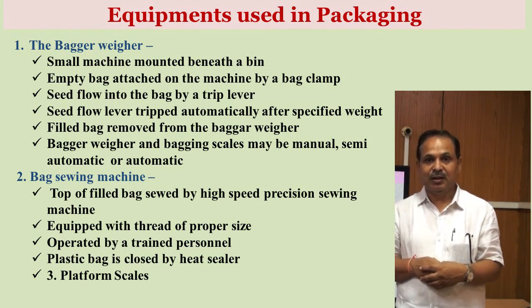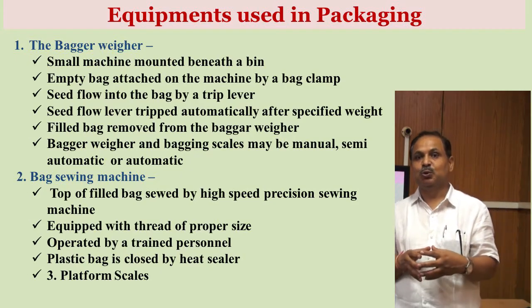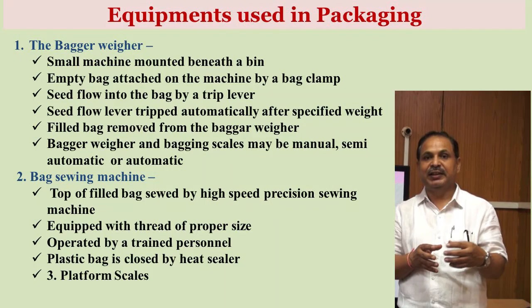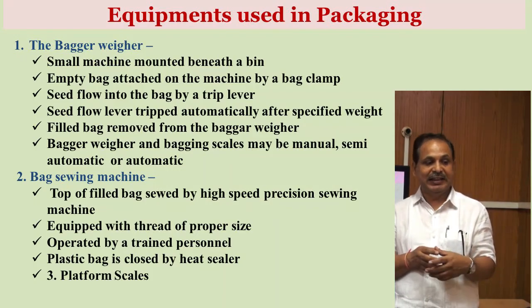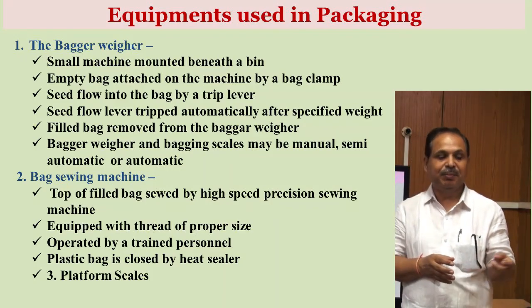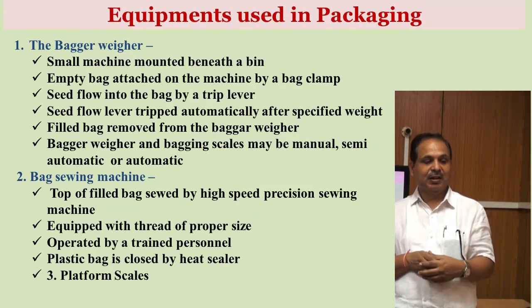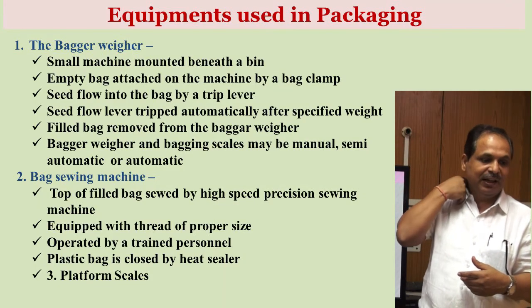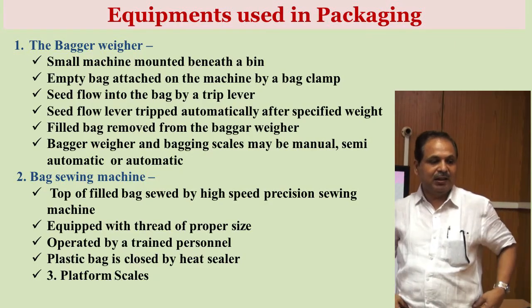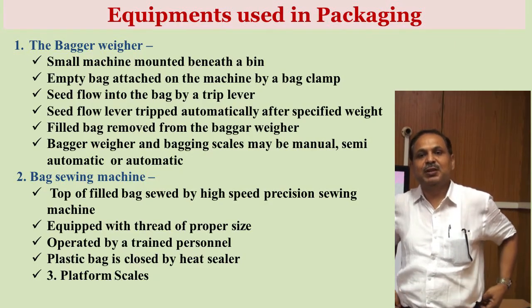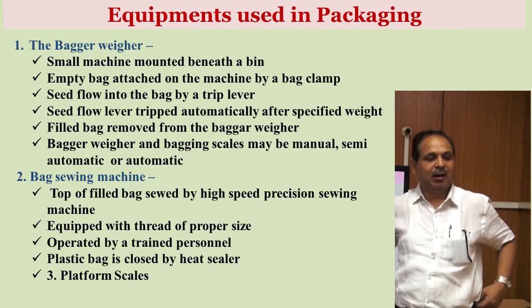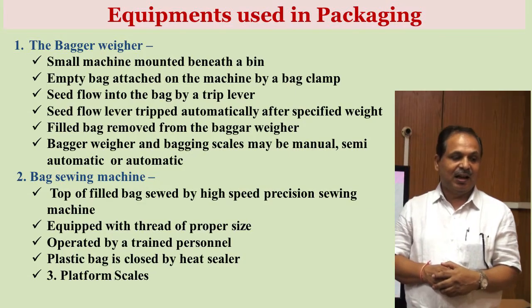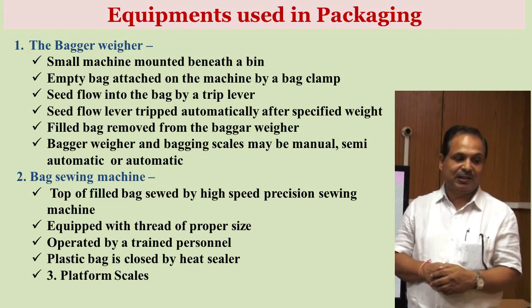The sewing of the bags must be done properly, otherwise if there is any leakage, the seed may be lost. The sewing machine must be equipped with proper thread of proper size, and operated by trained personnel.